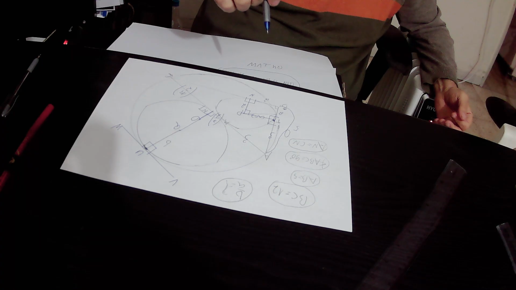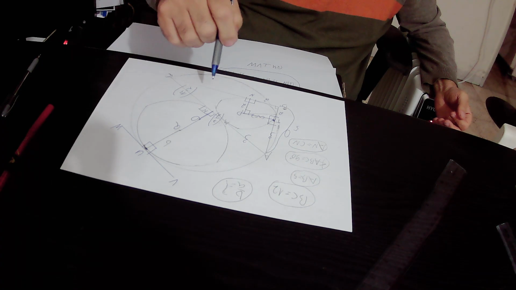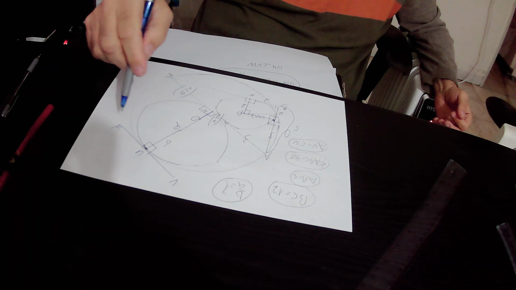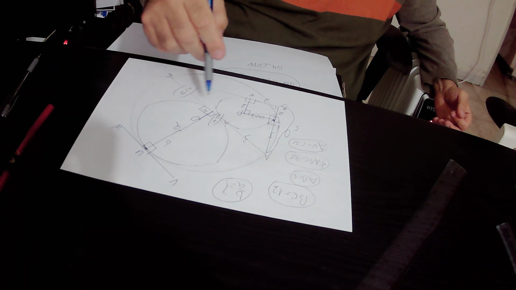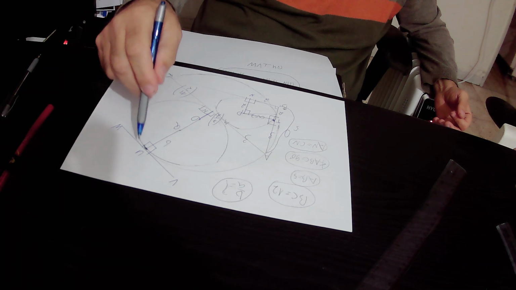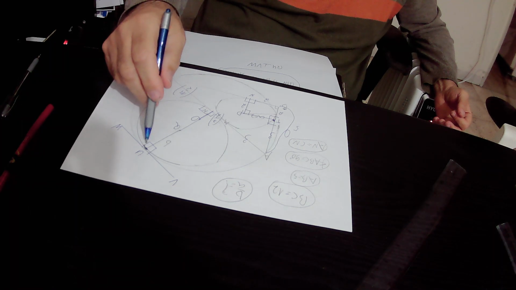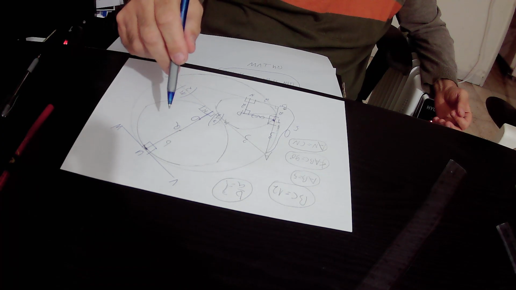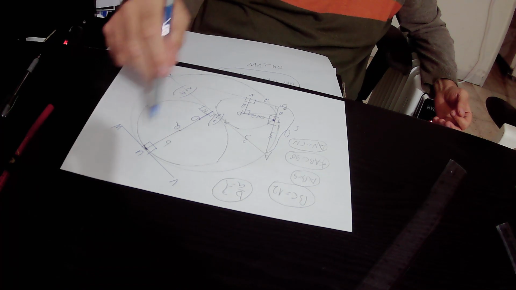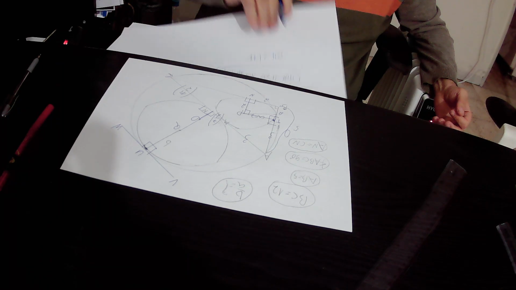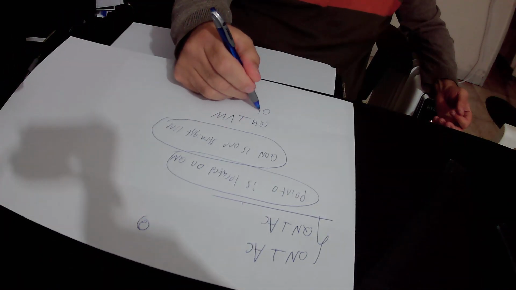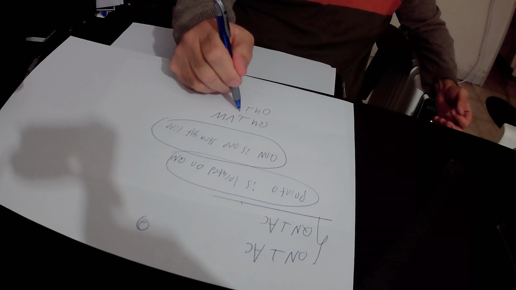And whenever you have a radius that is drawn to the point of tangency, then tangent VW will be perpendicular to the radius UO. That is to say, this angle equals 90 degrees and this angle equals 90 degrees according to rule number 1. So OU is perpendicular to VW.